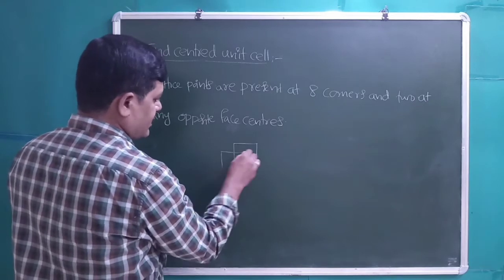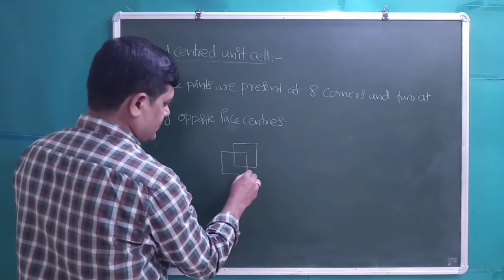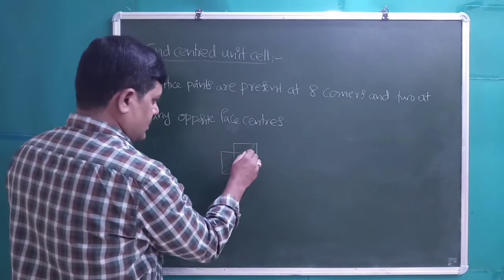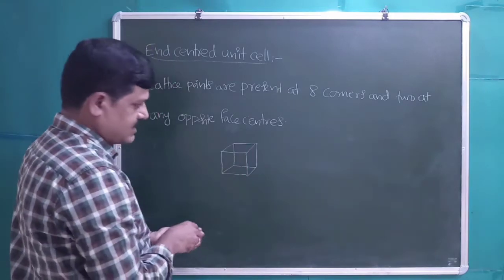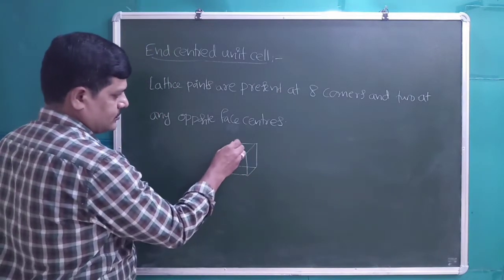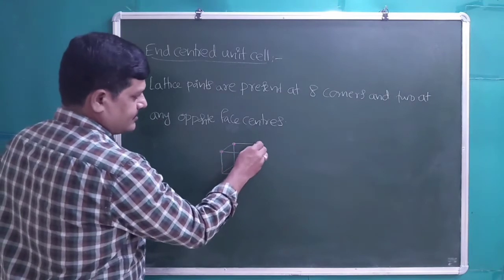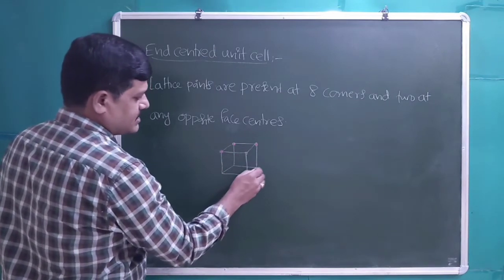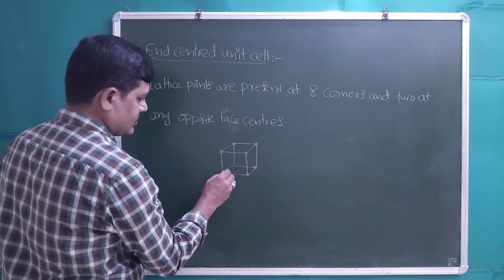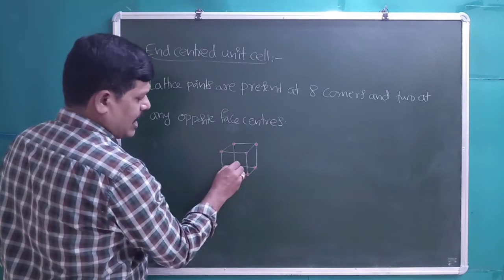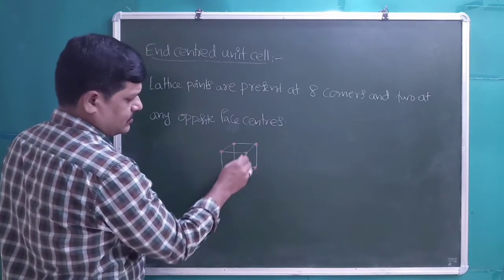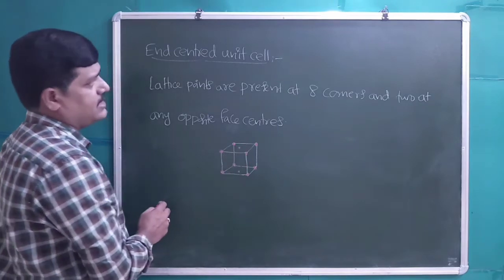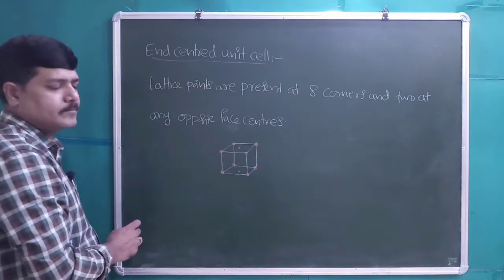In the cubic unit cell, lattice points are present at corners and 2 more lattice points are present at any 2 opposite sides. This is called an end-centered unit cell.